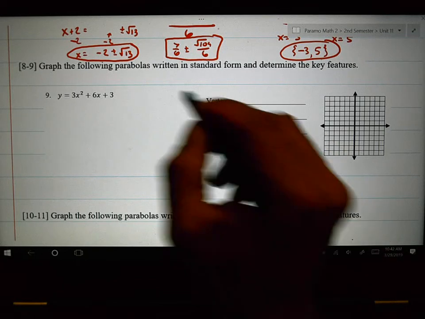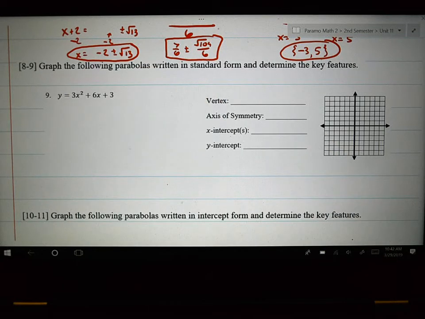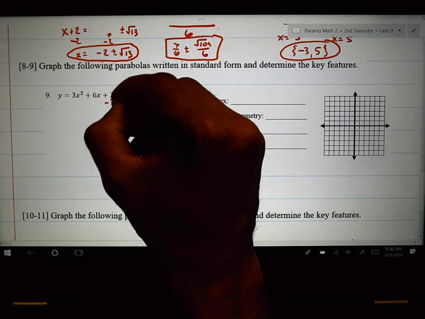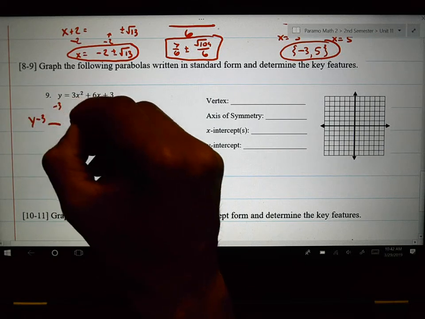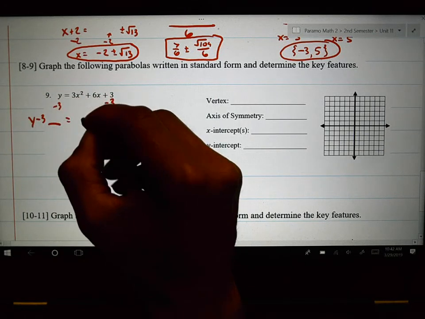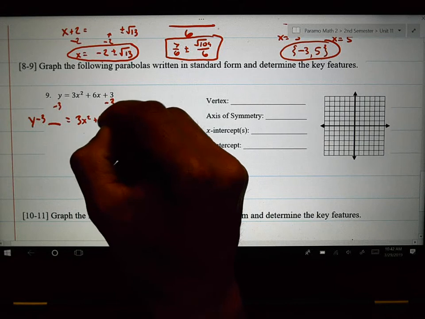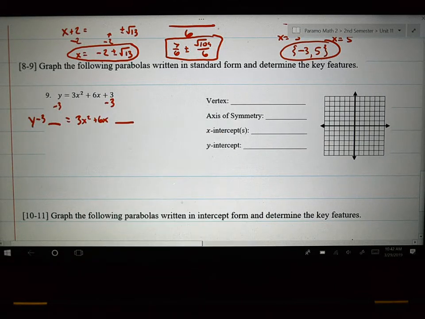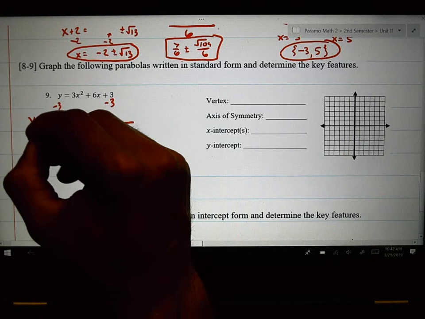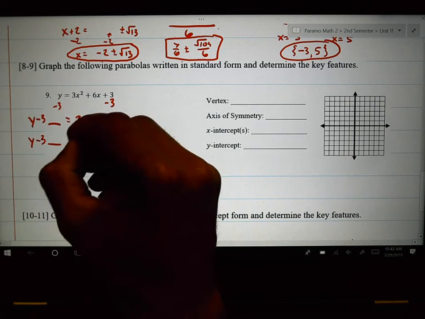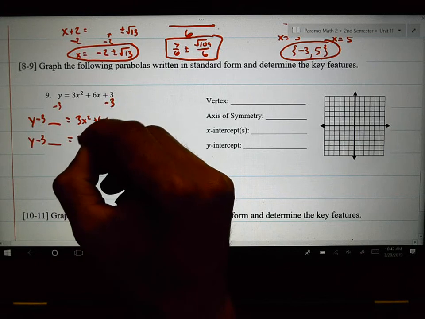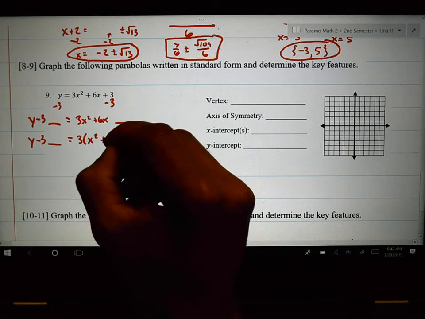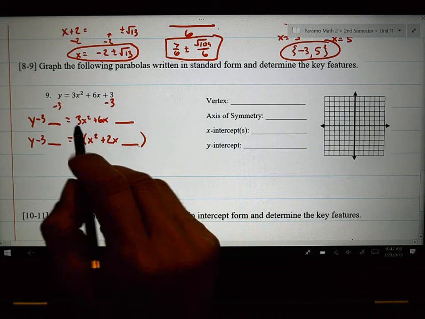To find the vertex of something in standard form, we need to put it into vertex form. Let's complete the square. Let's subtract 3 to this side. Y minus 3 underscore. Then the a value is not a 1, so we factor out a 3 from both of these terms.